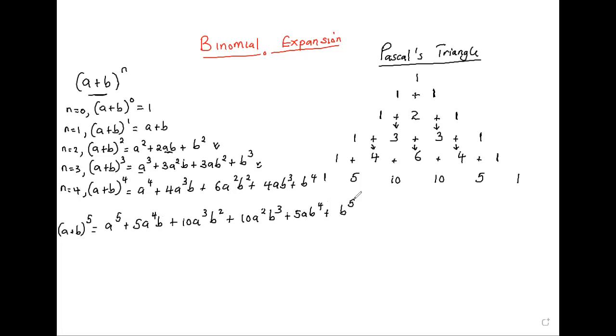So this Pascal's triangle is giving us the coefficients. Then what else are we seeing? Well, look at the powers of a in the last line here. This was 5, 4, 3, 2, 1, 0. These are the powers of a.